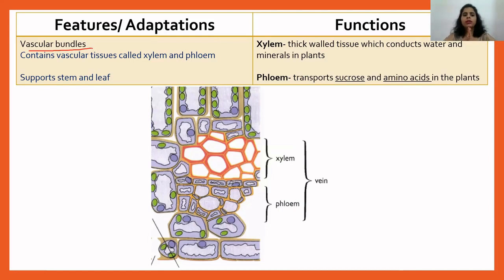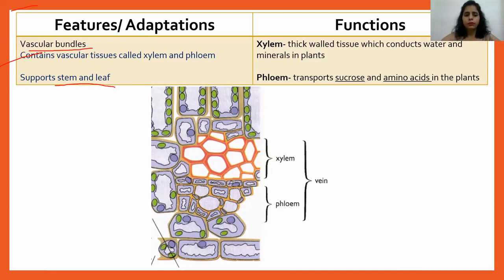The first and foremost very important function of these vascular bundles is that they support the stem and leaf. So long and tall plants are able to stand upright without falling because of the presence of xylem and phloem.